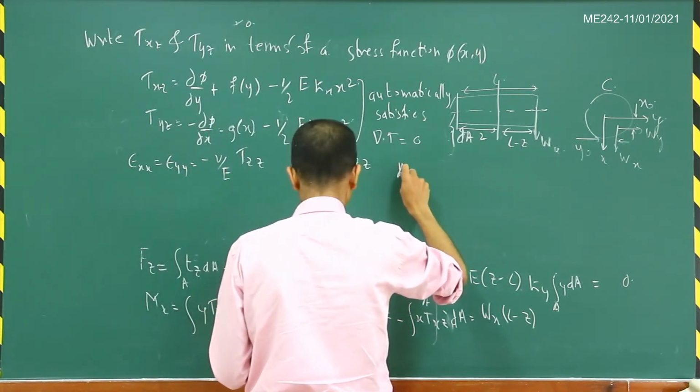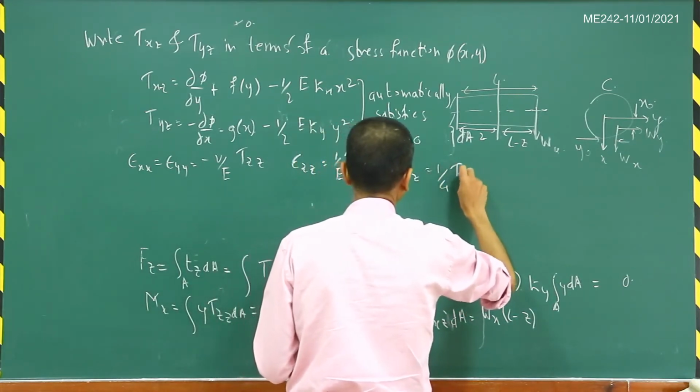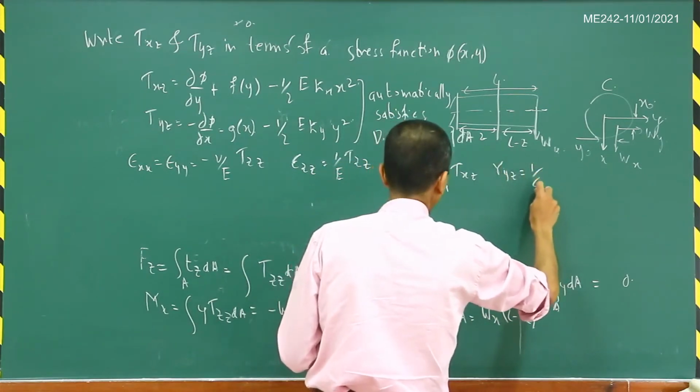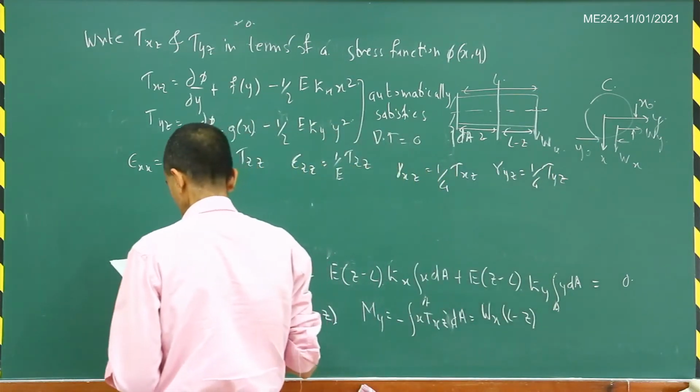Then gamma xz is equal to 1 by G of tau xz, and gamma yz is equal to 1 by G of tau yz. So these are the expressions for the strains.